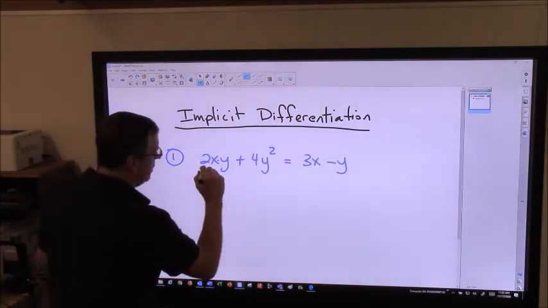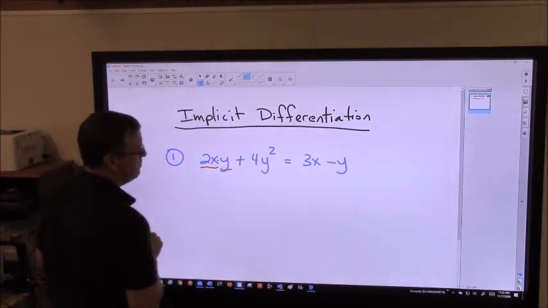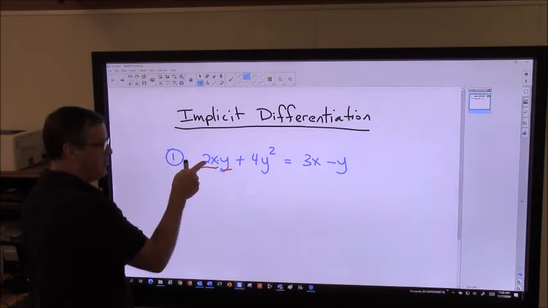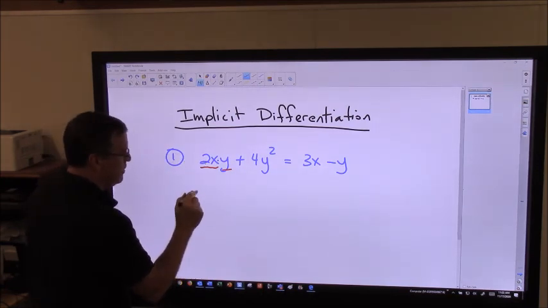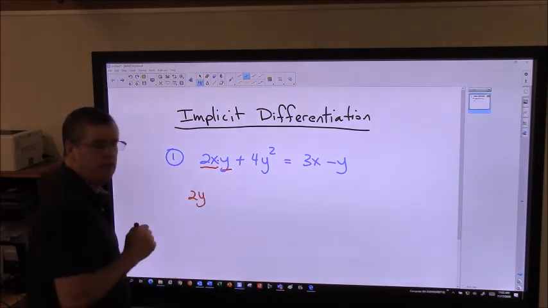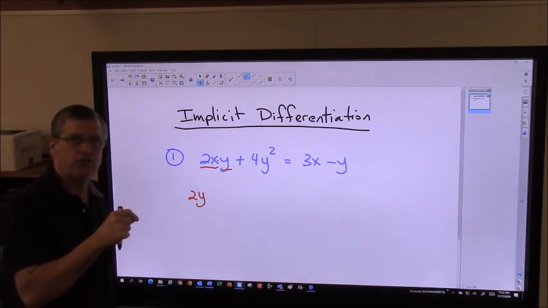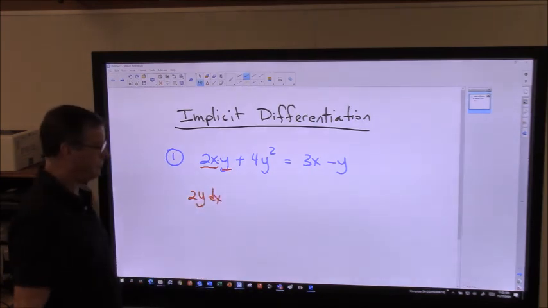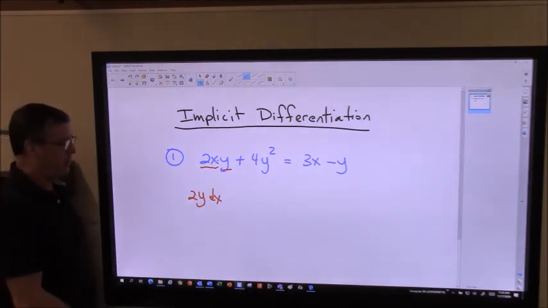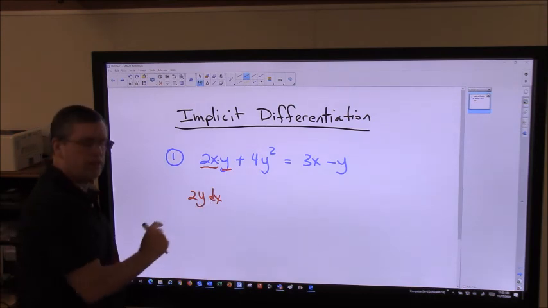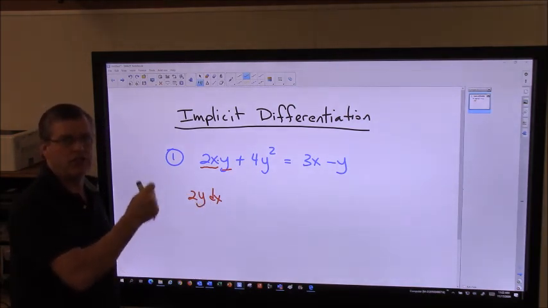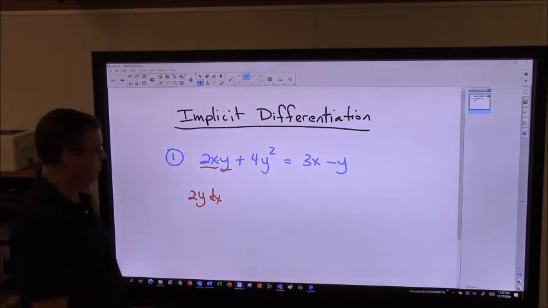Here's the first part, here's the second. So when I take the derivatives, I'm going to take the derivative of the first piece, which would be 2, times the second piece, and the variable I just took the derivative of is an x variable. So I'm going to put a dx here. Okay? Think of that dx as just one variable. It's not d times x, it's dx, which means that's what I just took the derivative of.